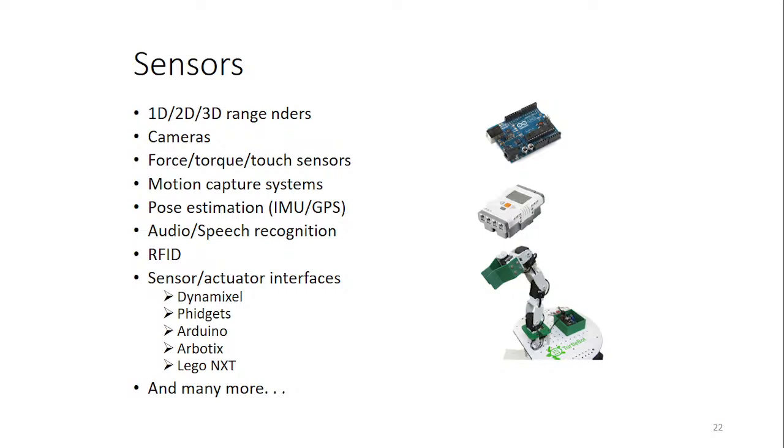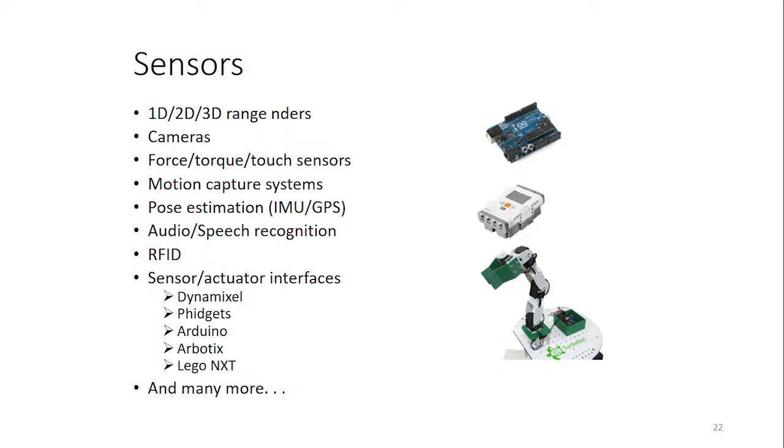You can use that for pose estimation, and GPS can also be used for localization. It won't be as accurate as other localization methods, but for outdoor navigation we can use GPS.